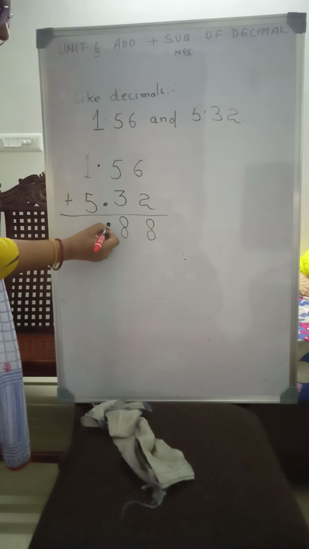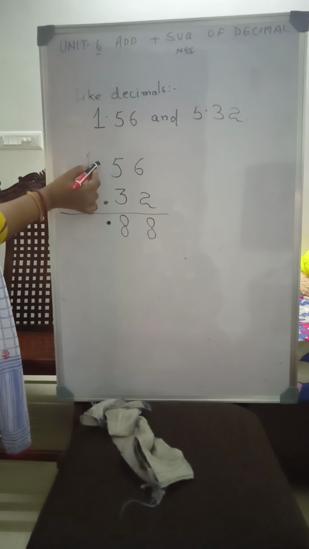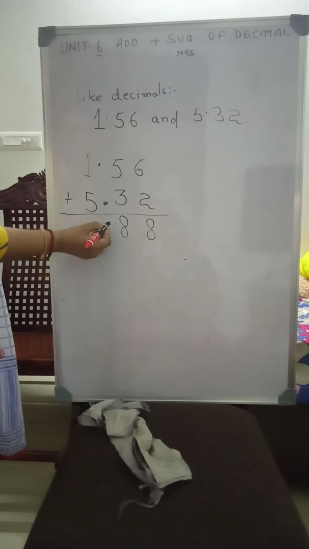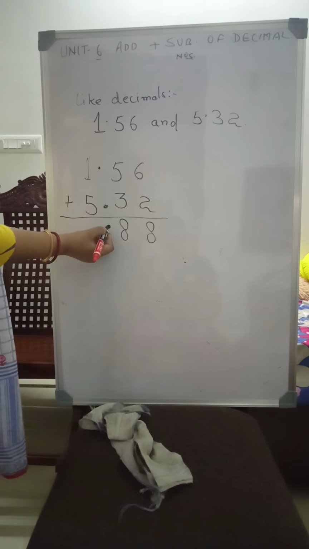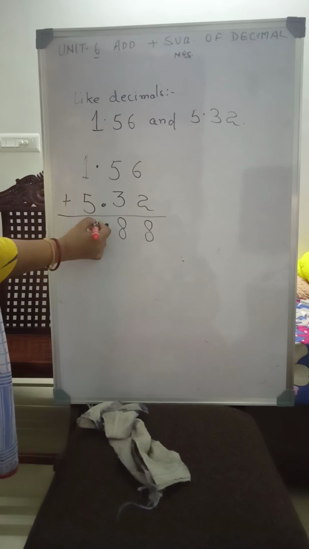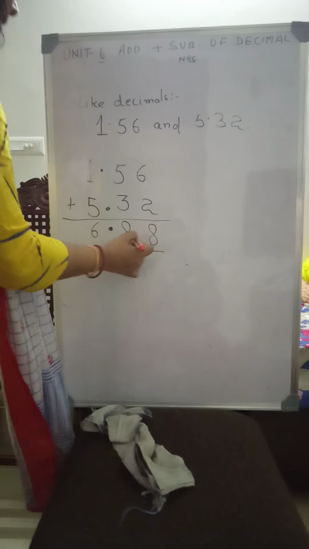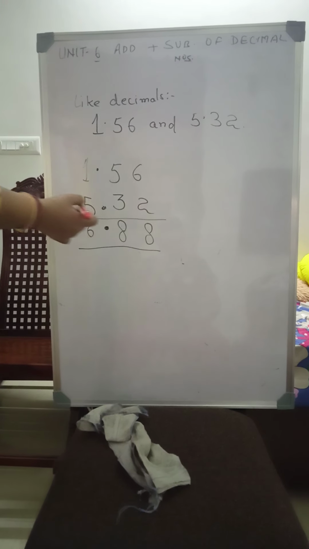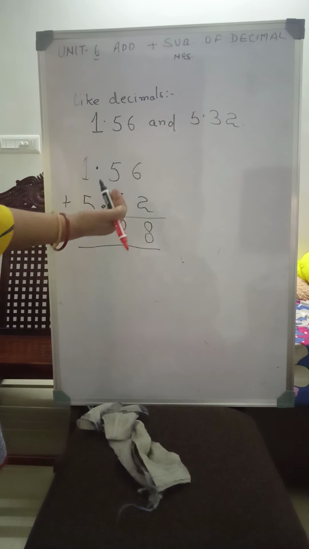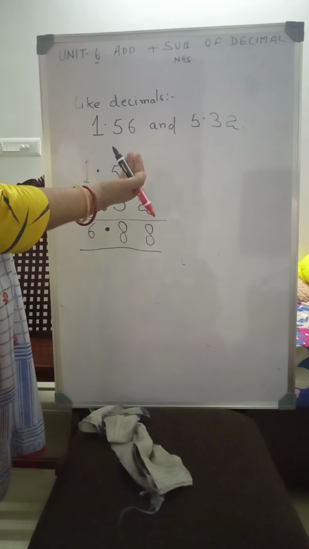In the addends also the decimal points are one below the another. In the sum also, the decimal point goes just below this column. Now add this, 1 plus 5 is 6. So it is 6.88.